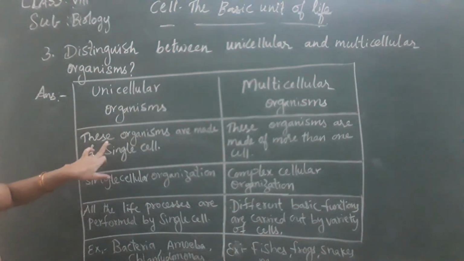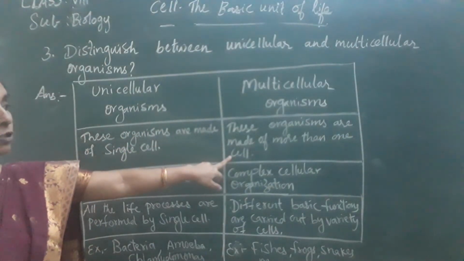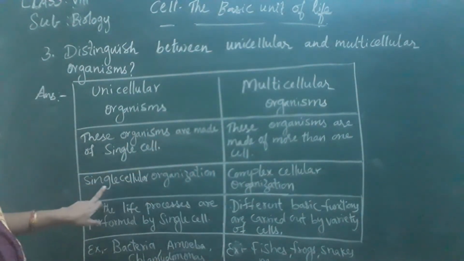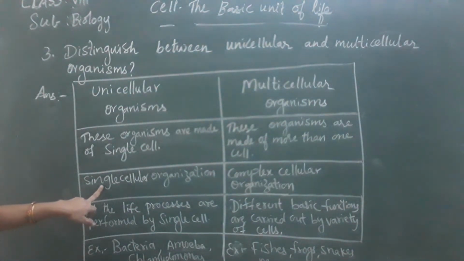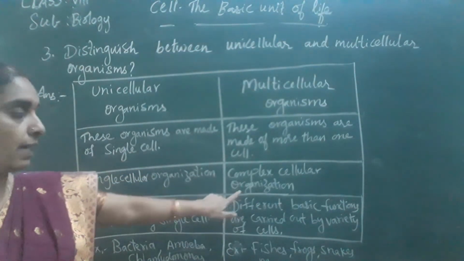Unicellular organisms are made of a single cell, whereas multicellular organisms are made up of more than one cell. Unicellular organisms show single cellular organization, whereas multicellular organisms show complex cellular organization.